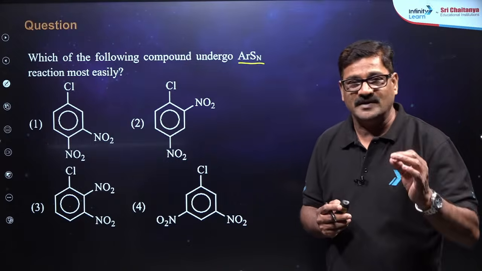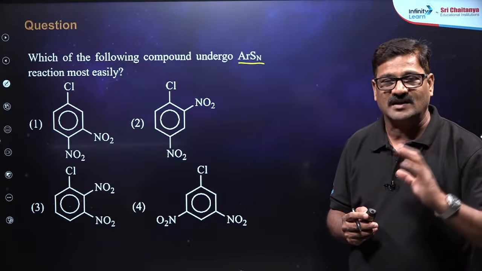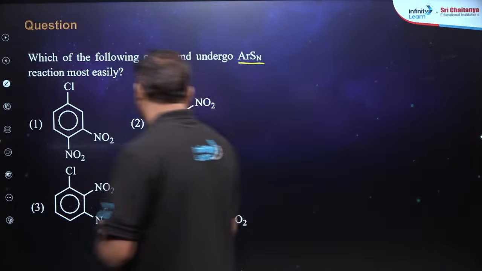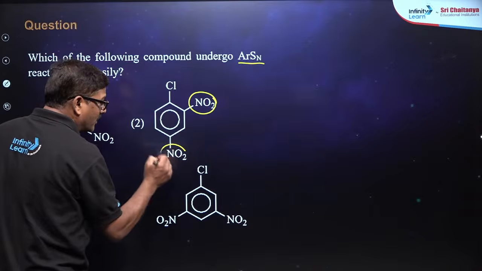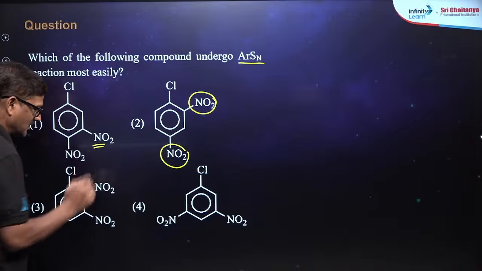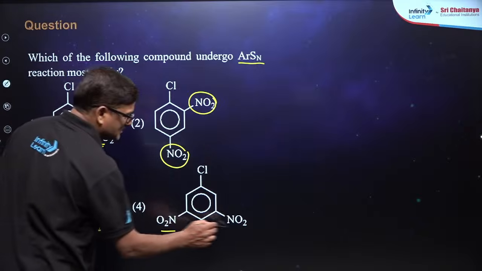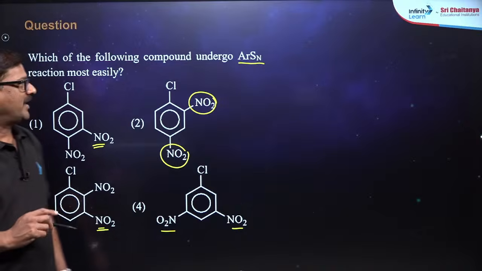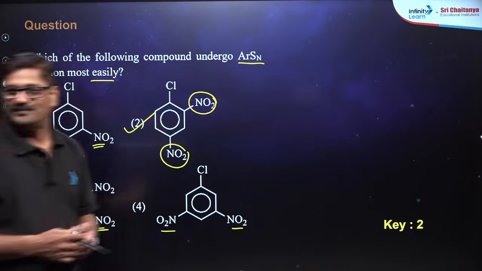But if an electron withdrawing group is present at ortho and para positions, they can undergo nucleophilic reaction. Only an electron withdrawing group at ortho and para positions makes it possible. Here it is at a meta position. Here it is at ortho position, फिर भी meta position here, and here सिर्फ meta position में. If it is at ortho and para position, it undergoes most easily. The answer for this question is going to be 2, right?